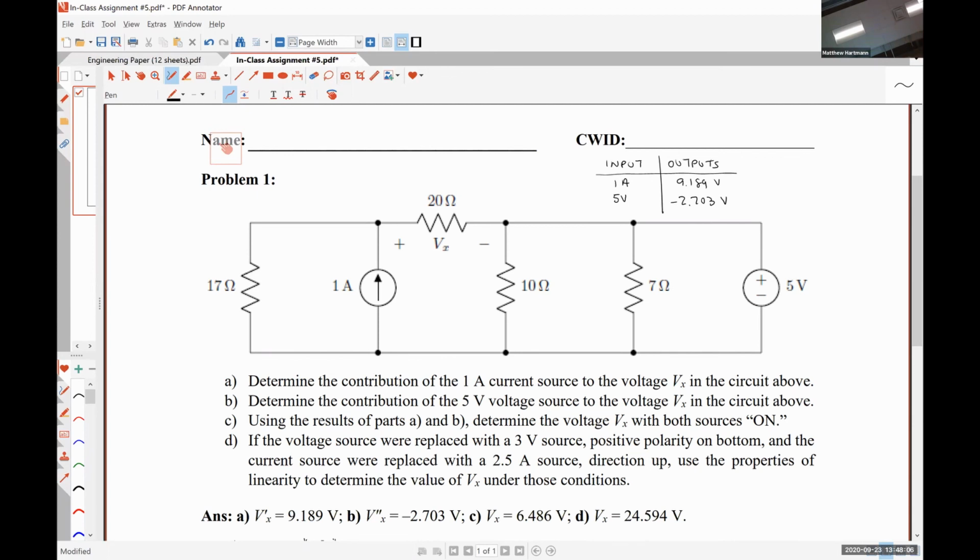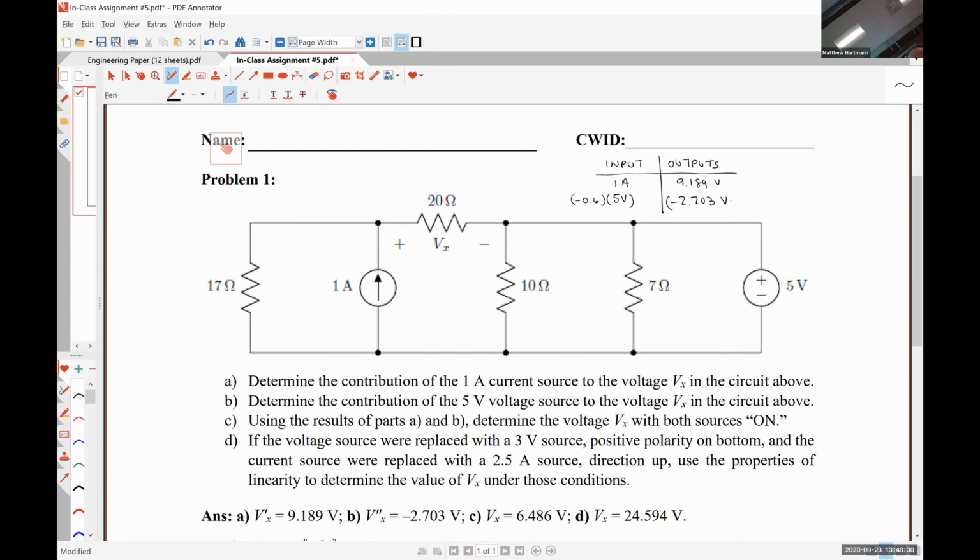Let's start there. 0.6. And I'm changing the polarity of my voltage source. So what do I need to do that? A negative sign, right, okay. So we're multiplying our 5-volt source by a scaling factor of negative 0.6.